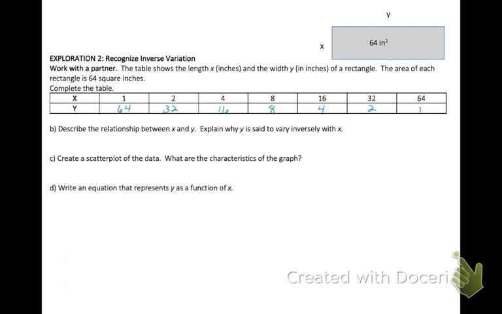So describing that relationship, that means if we take and multiply together those two variables, we will get 64. So x times y equals 64. Or if I solve for one of them, let's say y, we get that y equals some number divided by x.